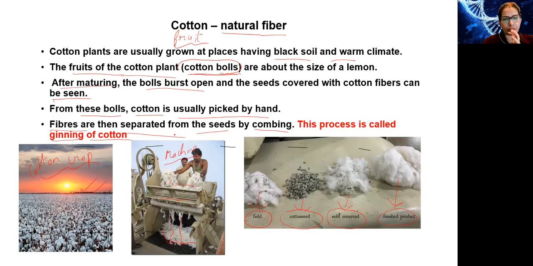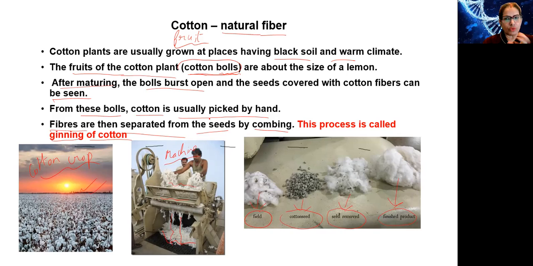So what are the steps? First, the cotton is grown as a crop in the fields. Once the cotton reaches its maturity stage, then the cotton fruit known as the cotton ball bursts open at maturity.